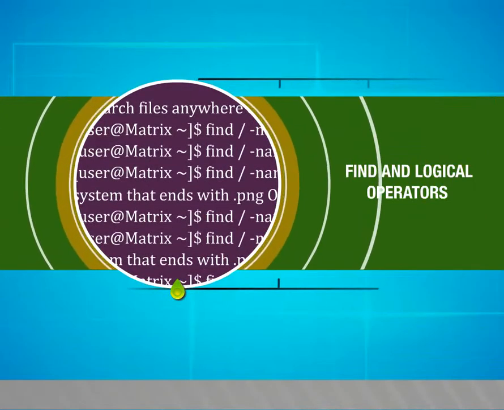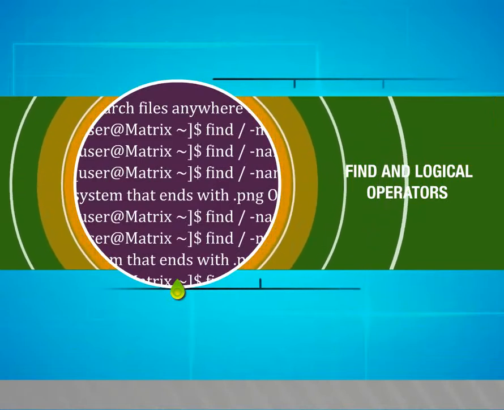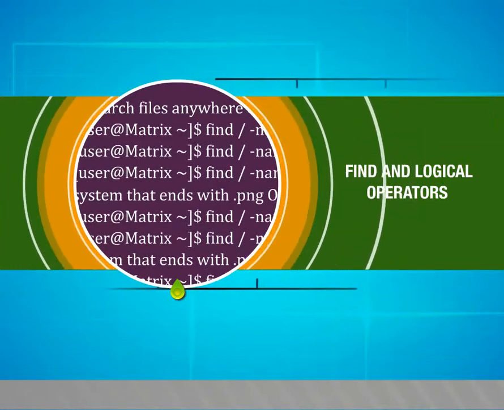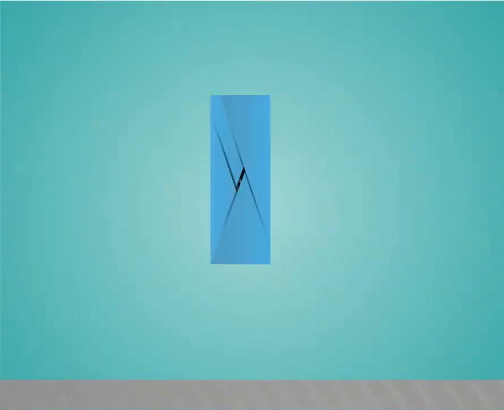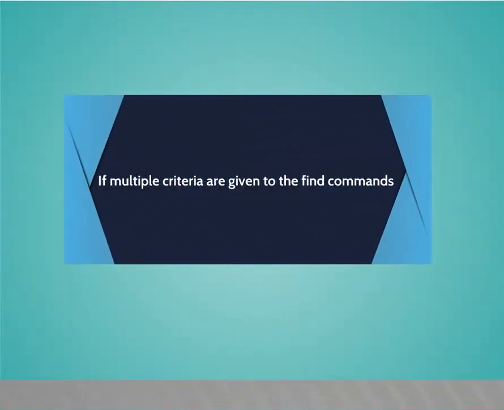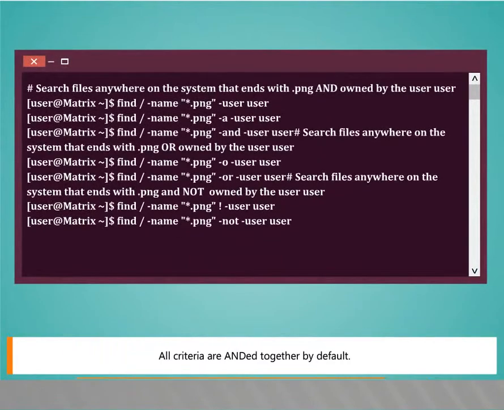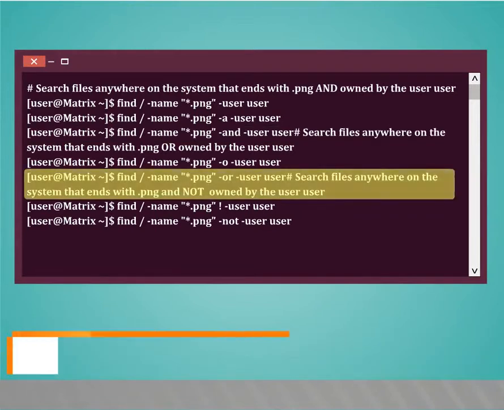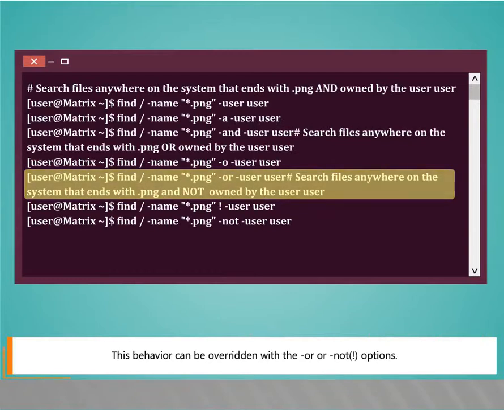Find and logical operators. In this video, we are going to see about find and logical operators. If multiple criteria are given to the find command, all criteria are ANDed together by default. This behavior can be overridden with the or and not options.